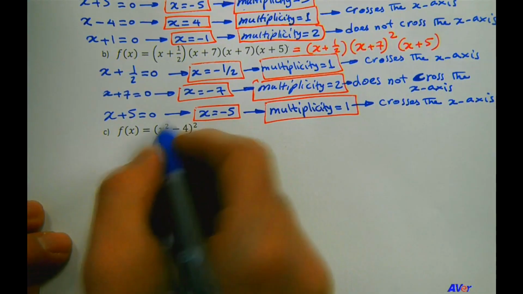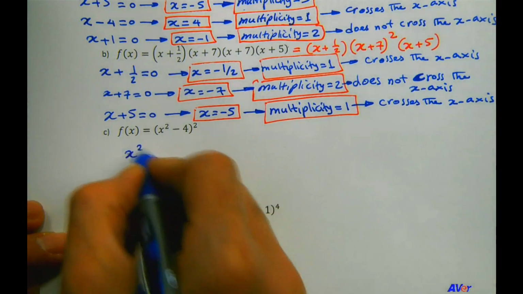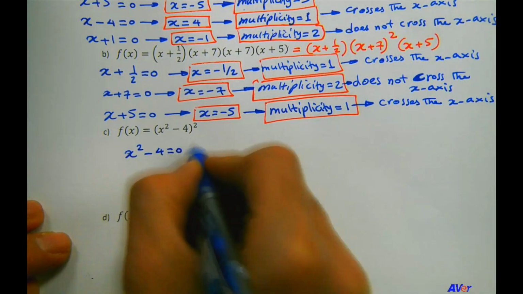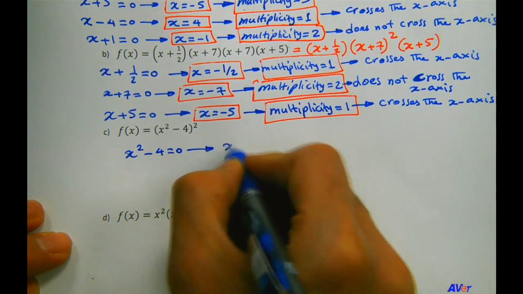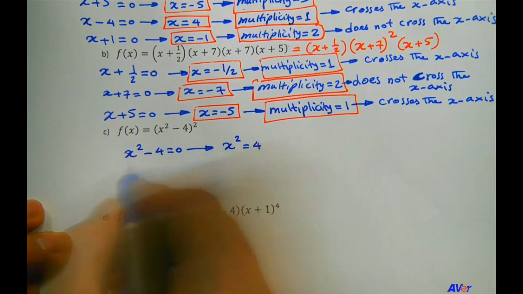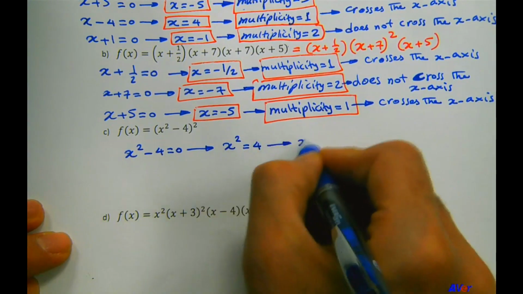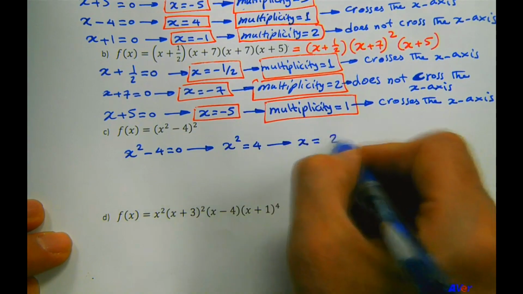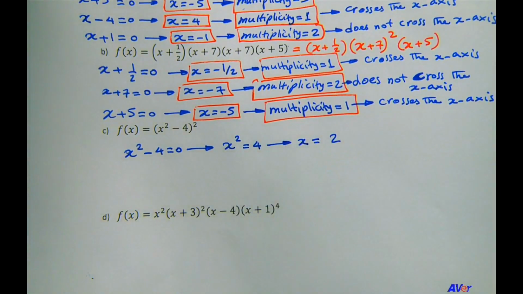So this is x squared minus 4 equals 0. x squared equals 4, right? We're solving for that. And x equals 2. Is that answer correct? Is my solution for x correct? It's not correct, right?